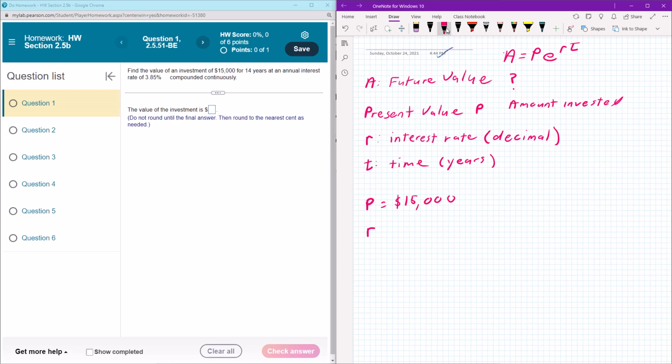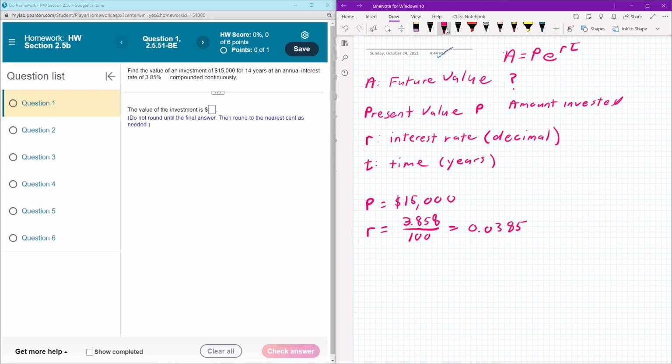R is your interest rate in decimal, but you have it as a percentage. So R is going to be 3.85, but that's a percentage. To turn it into a decimal, you need to divide that by 100. And if you do, you're going to get 0.0385.